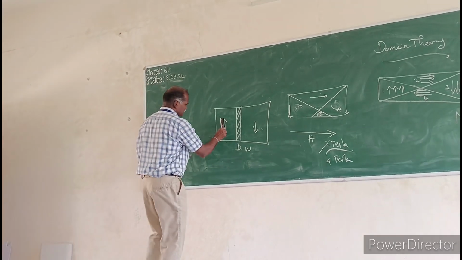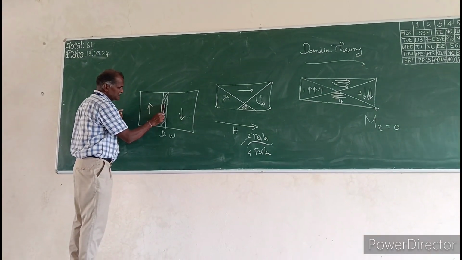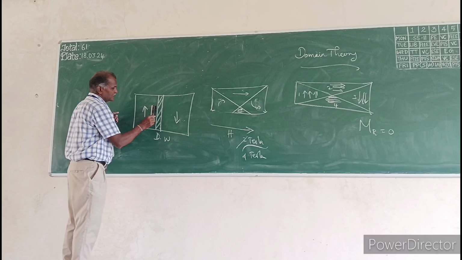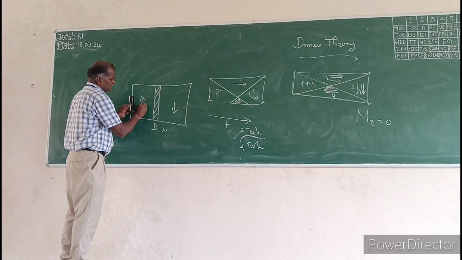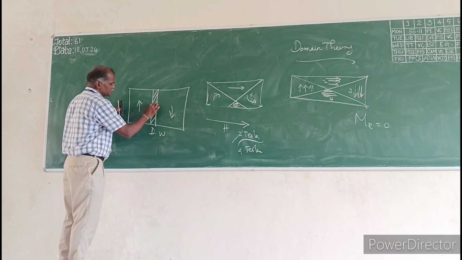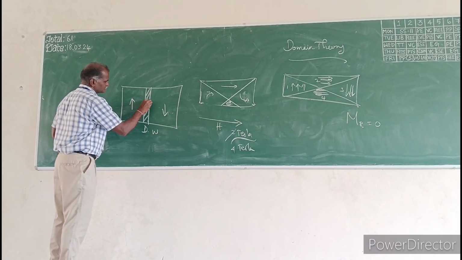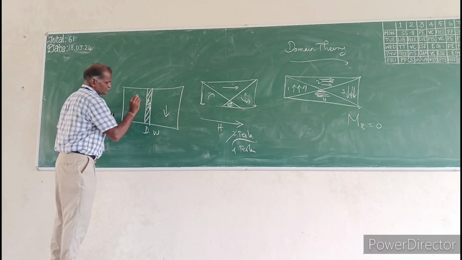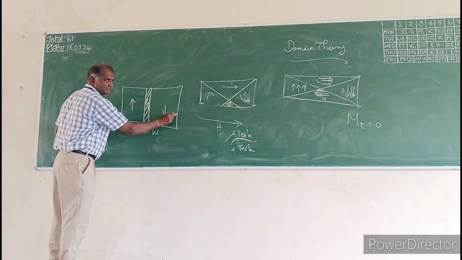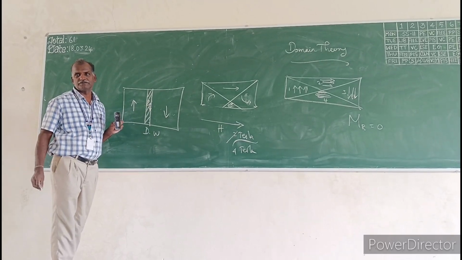See, the magnetic moment direction is upwards. In this boundary, the directions of magnetic moments will change like this. Before entering the second domain, the transition will be completed.